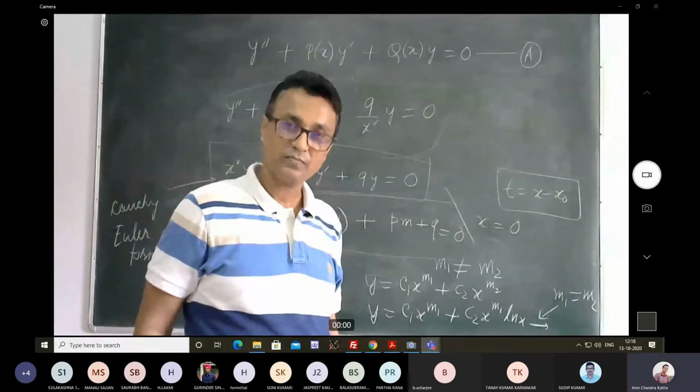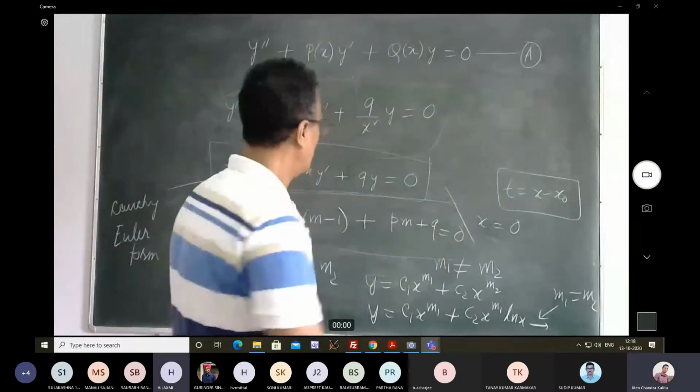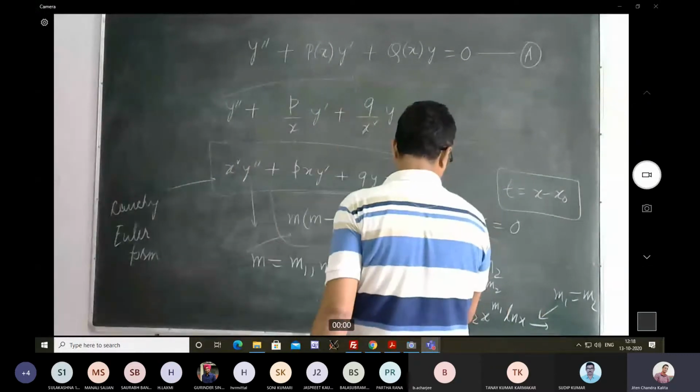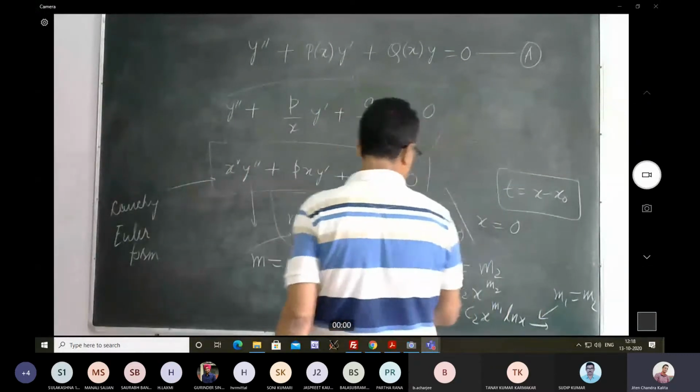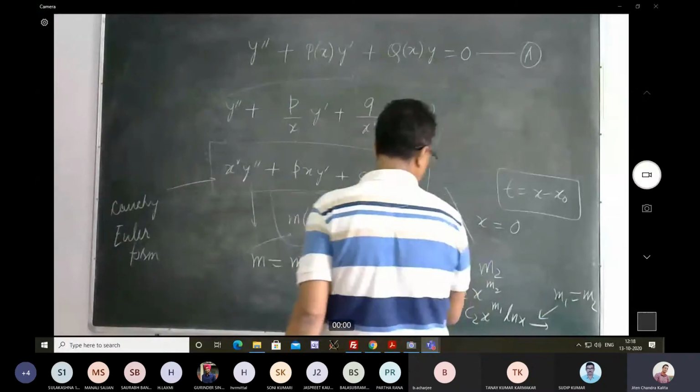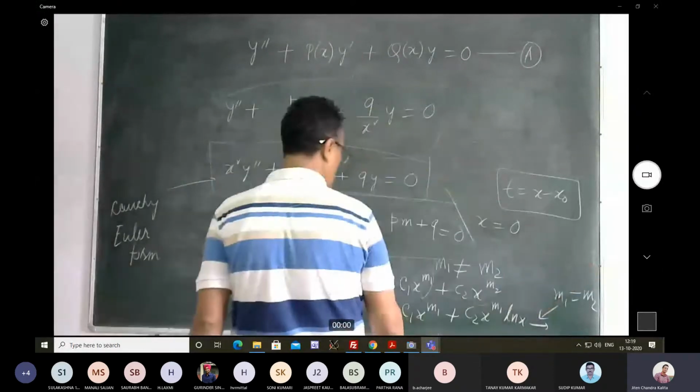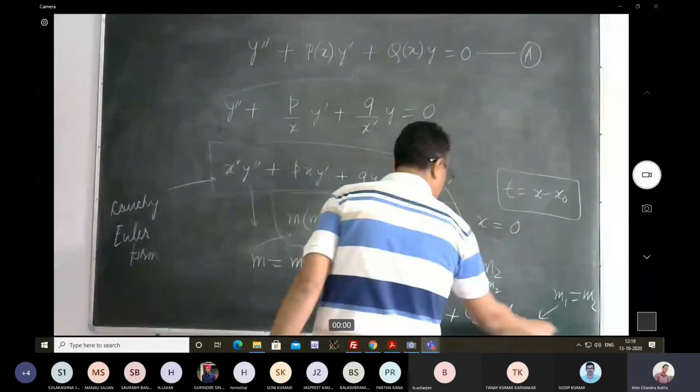So basically, if m1 is not equal to m2, I can easily find two linearly independent solutions of the form x to the power m1 and x to the power m2. Otherwise, if m1 equal to m2, what do I do?